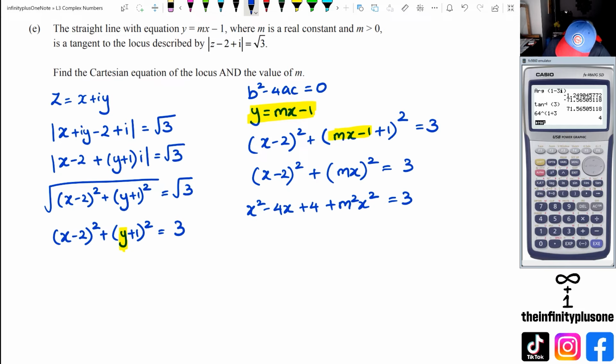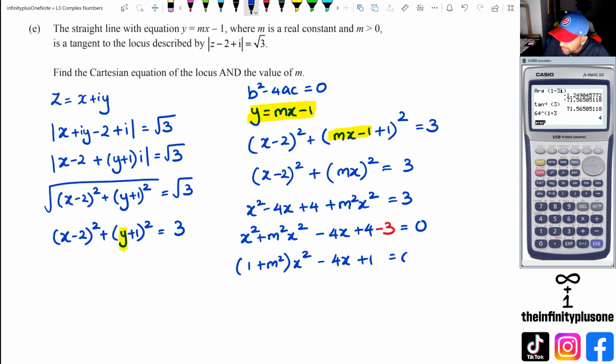Putting this all together, I'm going to get x squared plus m squared x squared minus 4x plus 4, and I've got minus 3, equals 0. So in here I can say that I've got x squared as a common factor, so I'm going to get 1 plus m squared x squared minus 4x plus 1 equals 0.